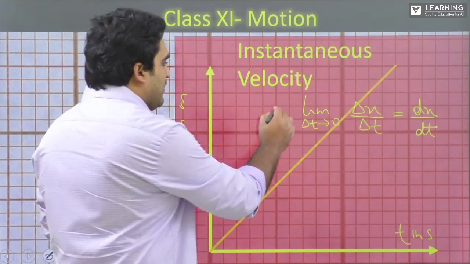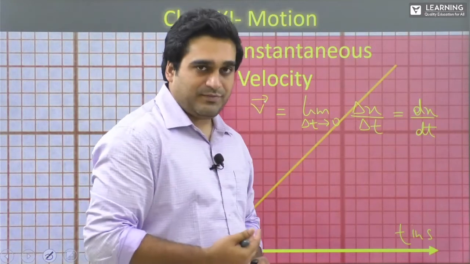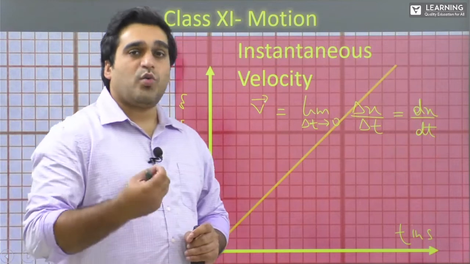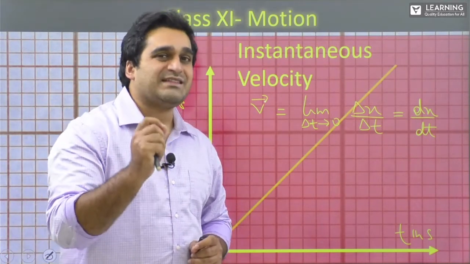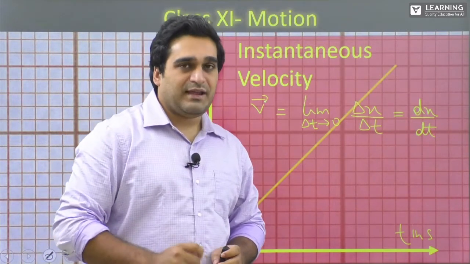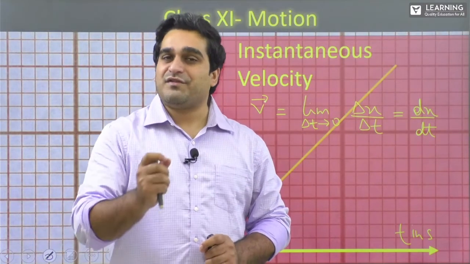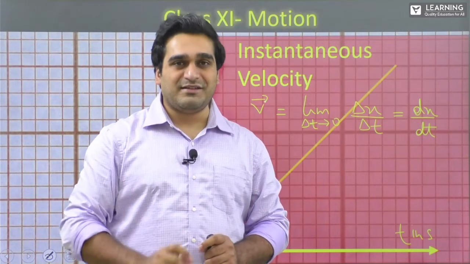So this instantaneous velocity, how do we define it? Instantaneous velocity is defined as the velocity of an object at that particular instant of time. To give you an example, it would be a speedometer. In a car or any automobile, they have a speedometer dial.